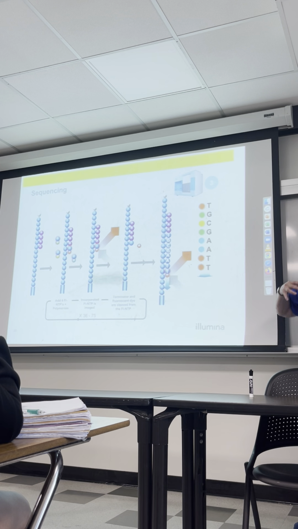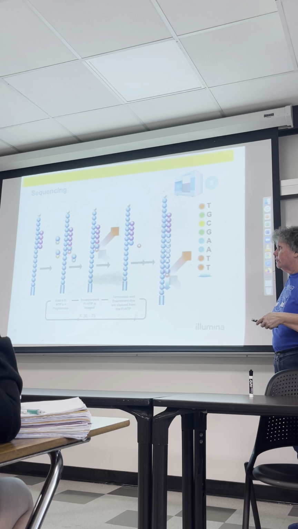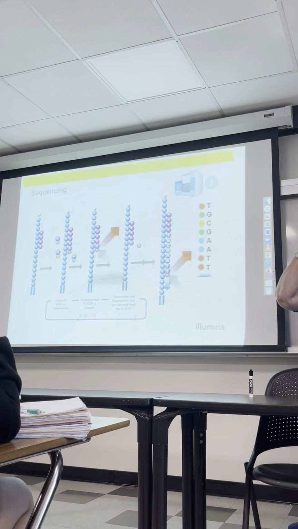And that extra fluorophore stops the sequencing from continuing any further. So it's only able to add a single base before it's stopped, much like in the Sanger dideoxy sequencing, although this is done with regular deoxynucleotides. But the point here is there is something there that stops it after only a single addition, so that the sequence can be determined after that one base is added.